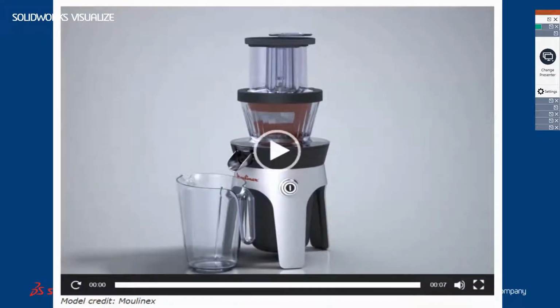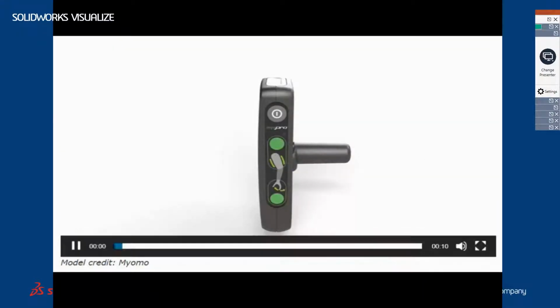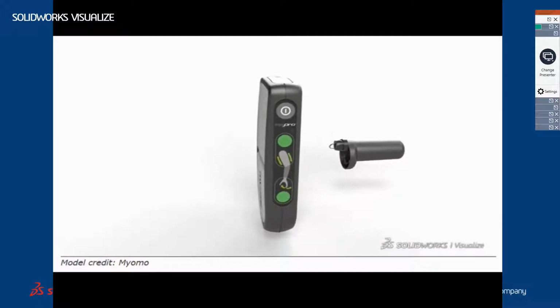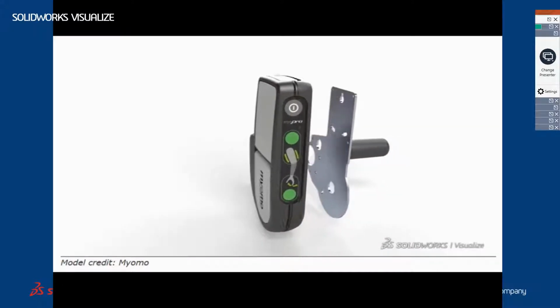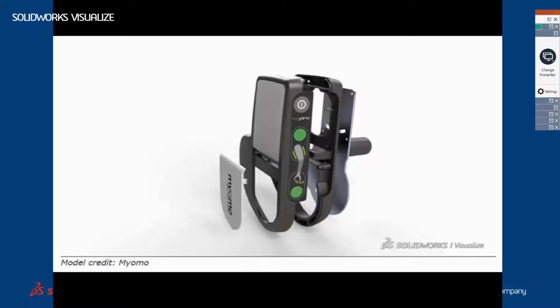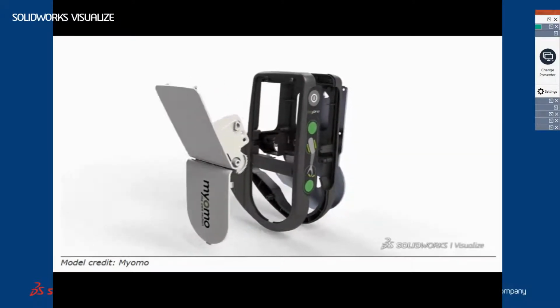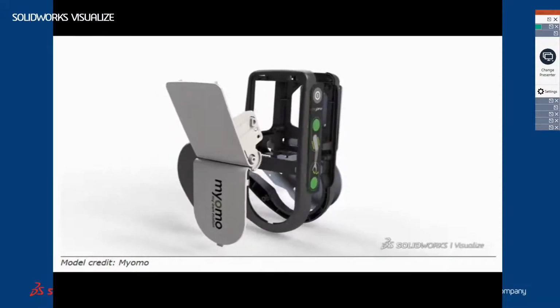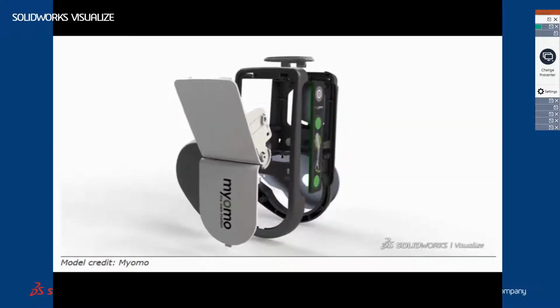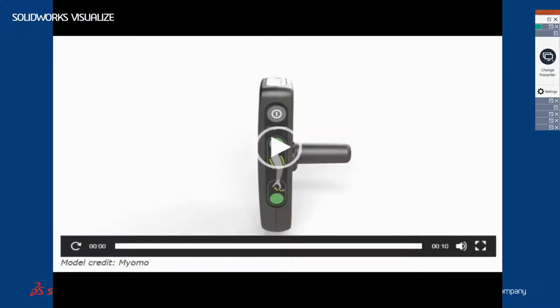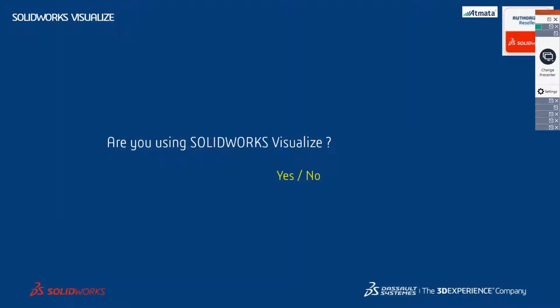It's more realistic, and this is another component where you can see the assembly procedure, how my assembly is assembled. I can see internal components, and you can see here they have real-time, realistic images or the materials which have been applied onto the components. Just to give an idea of what Visualize is.